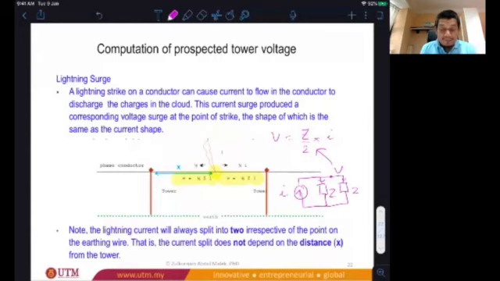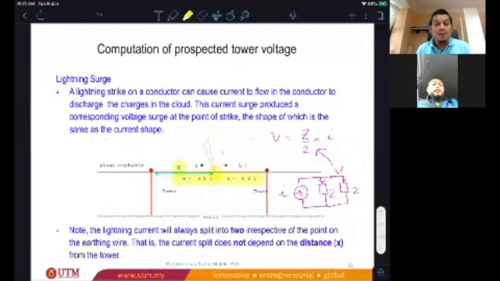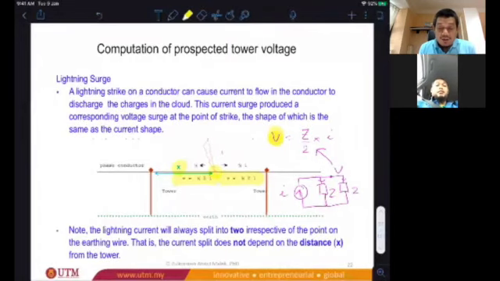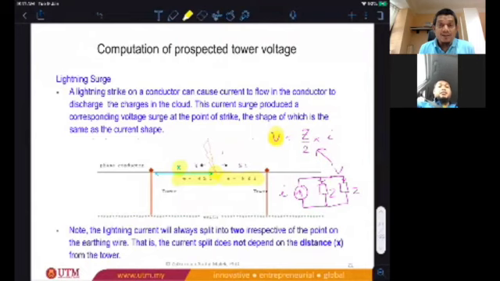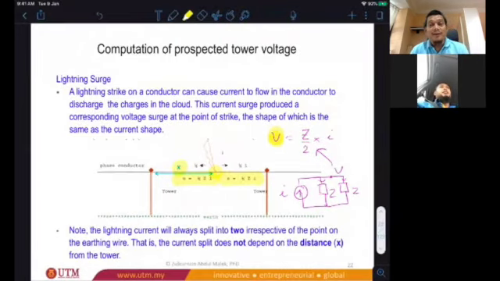I can ask you a question. Does the voltage change with X, X being the distance from the point of strike to the tower? Does the voltage change with X? Any answer? Does this voltage change with X, or does it not? Any answer?